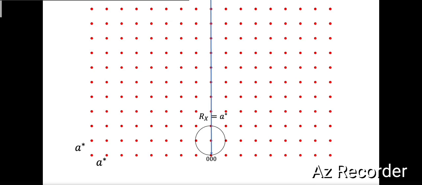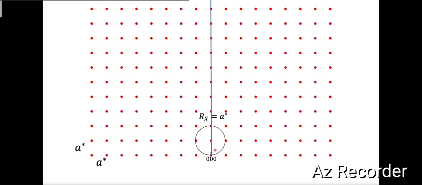If I wish to draw an Ewald sphere for the electron beam in this, then I need a sphere of radius 50 A star. It's difficult to accommodate that sphere in this figure. A radius of 50 A star means I have to go from the origin 50 A star up.